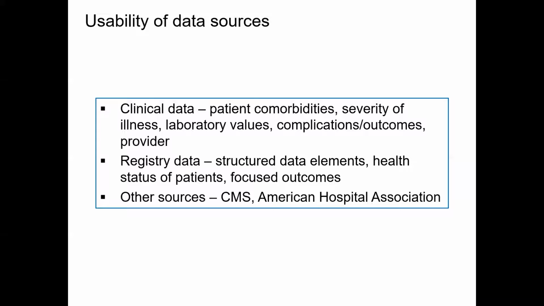Registry data, such as the structured data elements, health status of patients, and focused outcomes. And then there are other sources, such as CMS data sources and the American Hospital Association to determine the size of the hospital and the type of services the hospital has.